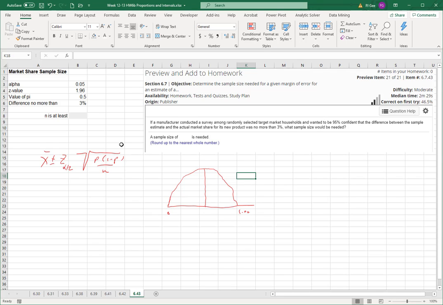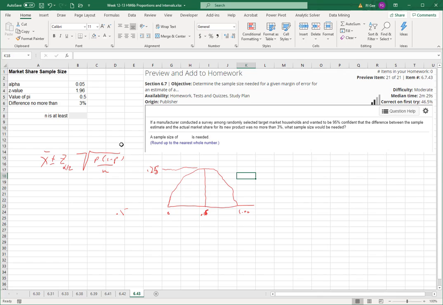The middle is the highest point, and that is where p is equal to 0.5. And 0.5 times 1 minus 0.5 is 0.25. We didn't know what proportion is really selected, so we just used the worst case scenario of 0.5.